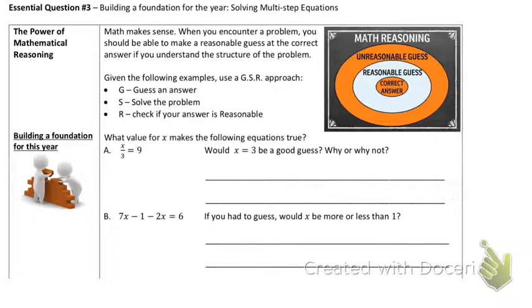We're going to continue reviewing some IM1 stuff, and today we're going to talk about solving multi-step equations. But first, I want to get into something that I think students here at Chafee are not really aware of.